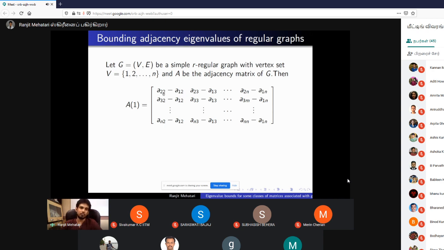That is exactly A_22 minus A_12, A_23 minus A_13, and so on.